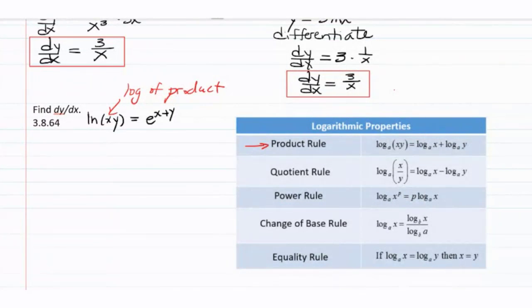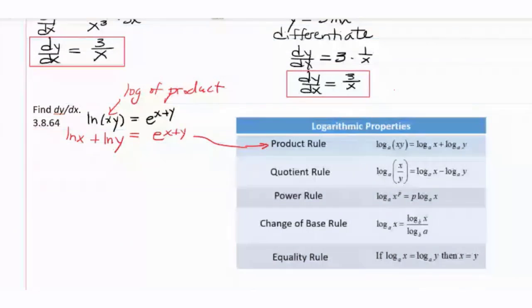Instead of it being a product inside of one log, it can be the sum of two separate logs. So we're going to break this apart: natural log of x plus natural log of y equals e to the x plus y, using the product rule on the left side of the equation.